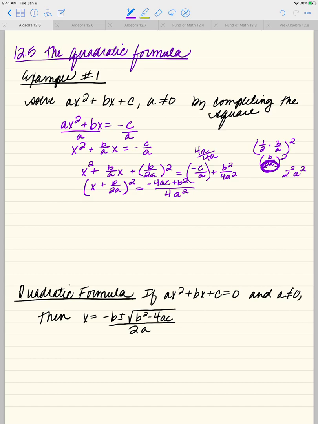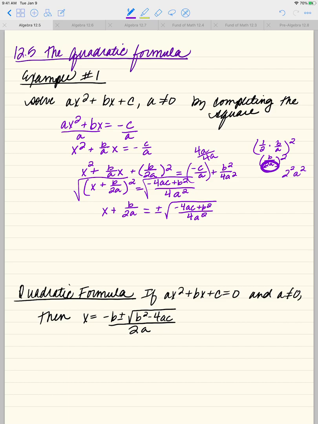Okay, now I am going to take the square root of both sides. That's going to give me x plus b over 2a is equal to this nasty looking radical thing that I have going on over here, plus or minus negative 4ac plus b squared over 4a squared. Now remember, I'm continuing to try to solve for x, okay?